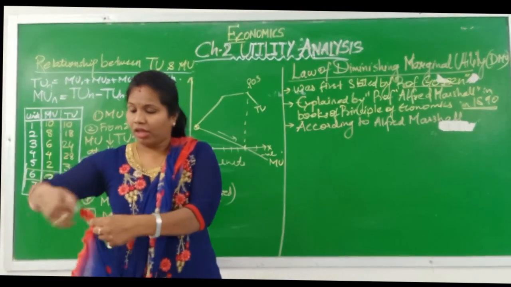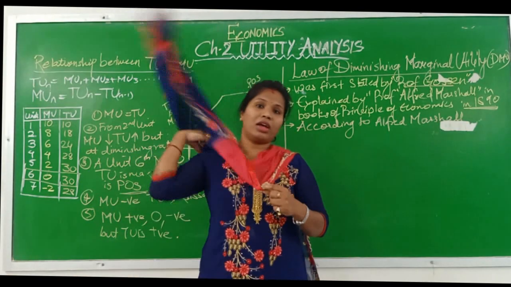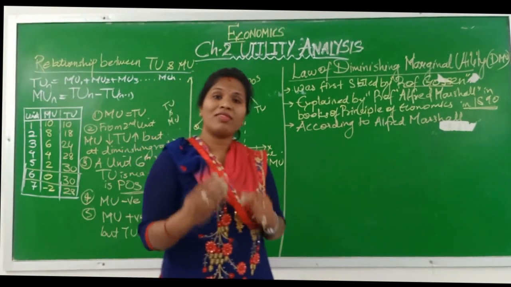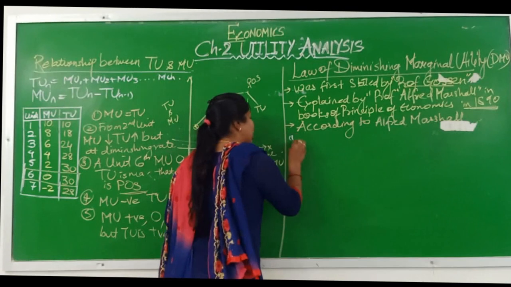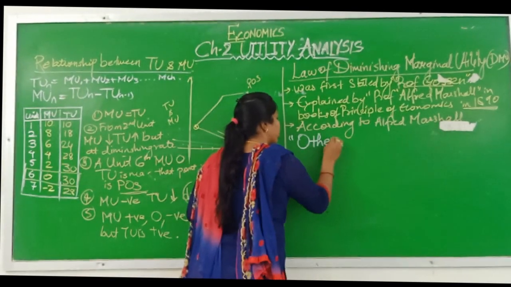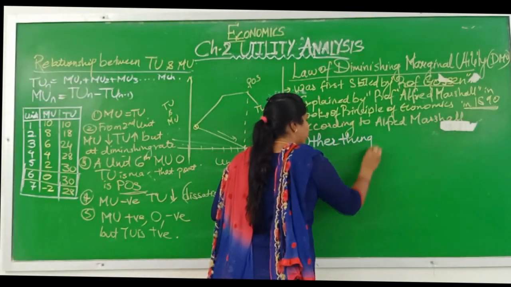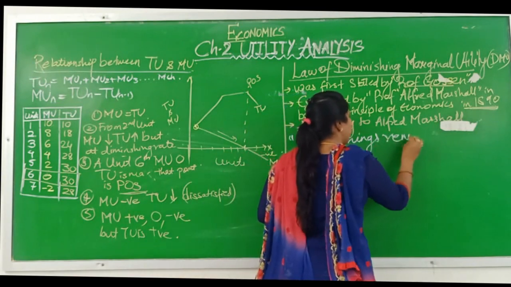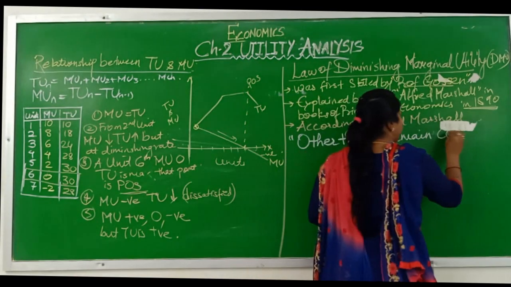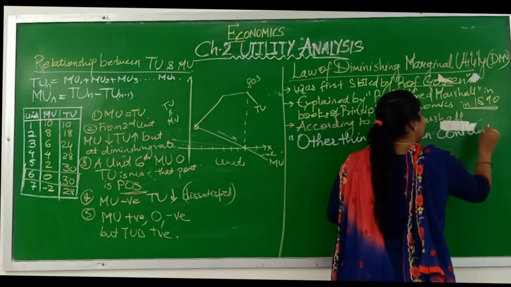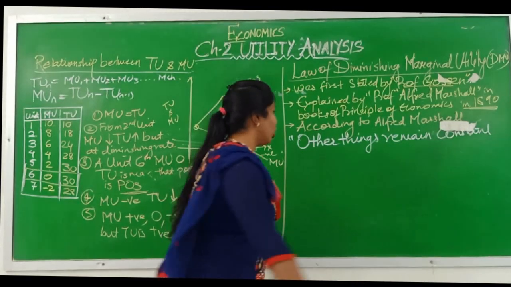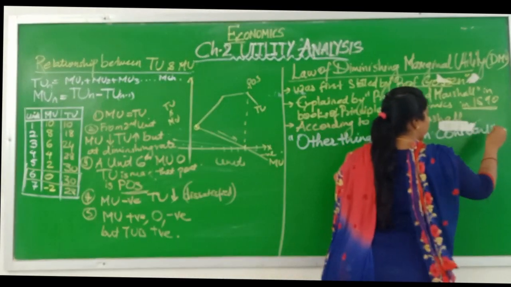That means he has made some assumption. So the law started with other things remaining constant. What the other things are, we will discuss later on. But let's see the law first.